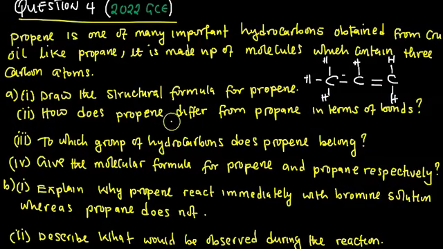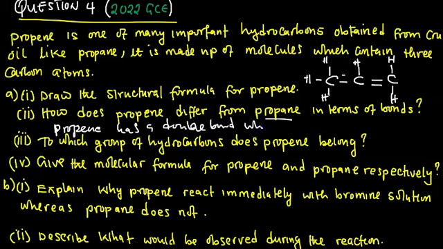Then, how does propene differ from propane in terms of bonds? The difference is in terms of the bonds. Propane has single bonds since it's an alkane, while propene has a double bond.